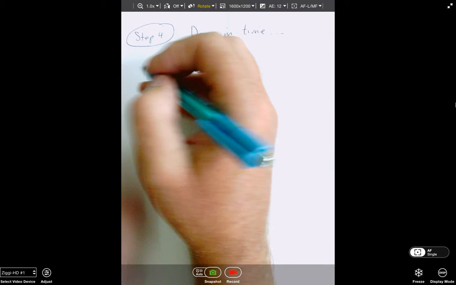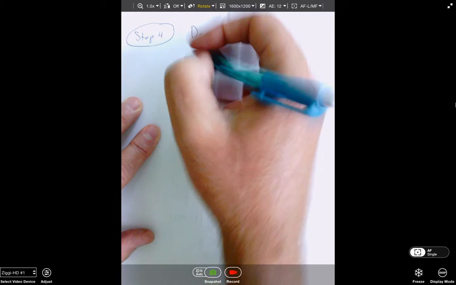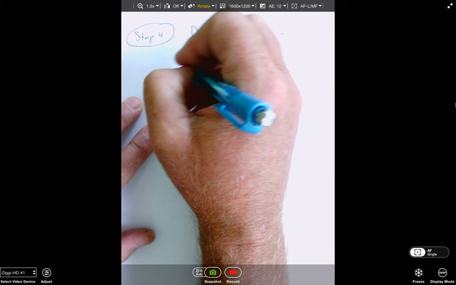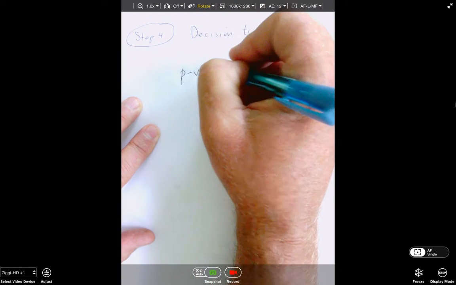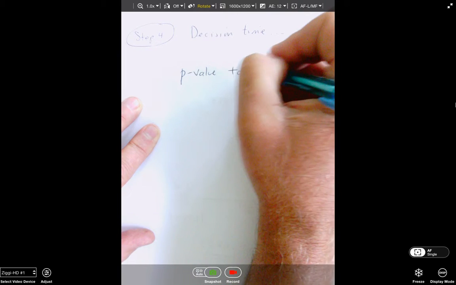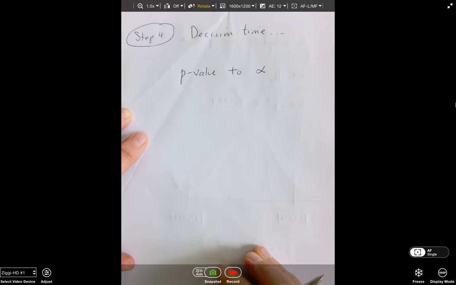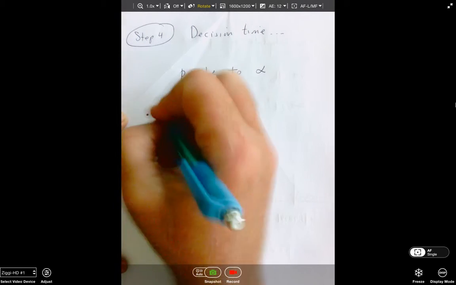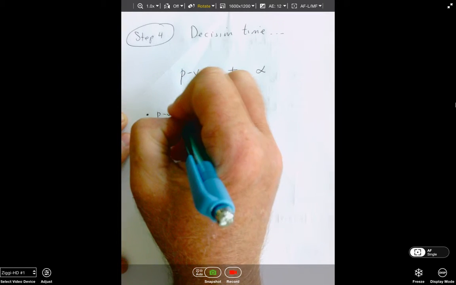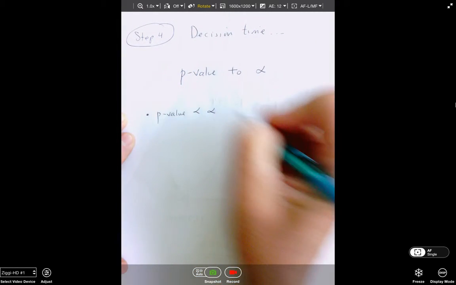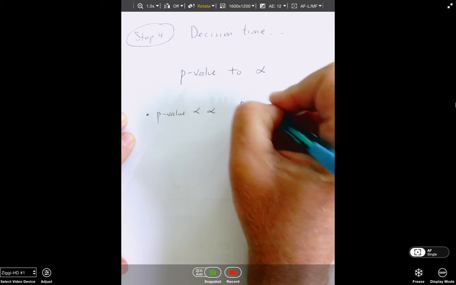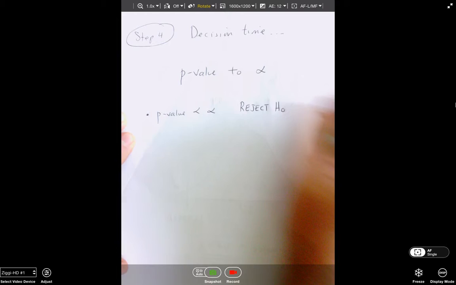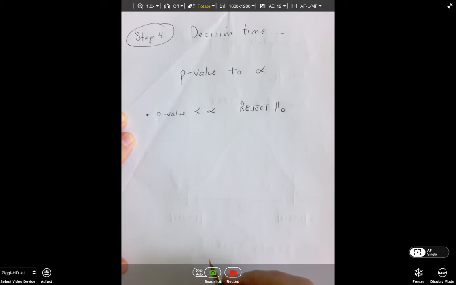Guys, your decision. The criterion for the decision is you compare your p-value to alpha. If your p-value is less than alpha, then you reject H sub 0.